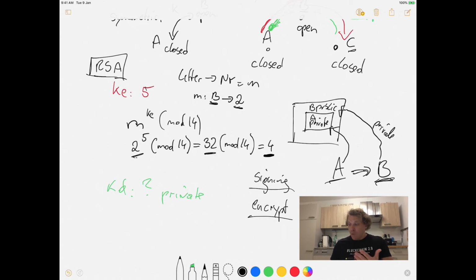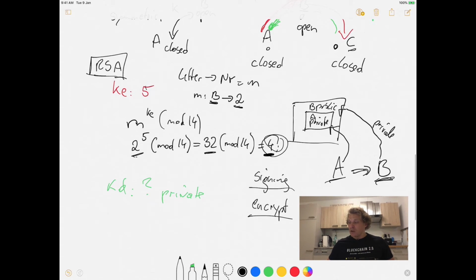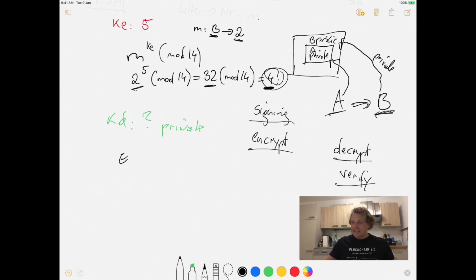The remainder is 4, and the remainder is what you actually are sending to Bob. So what Eve, Oscar, and Bob get is 4. 4 doesn't mean much because what they basically see is, in this case, D actually, right? So Alice would send Bob D. And no one knows what this is and how it gets to it.